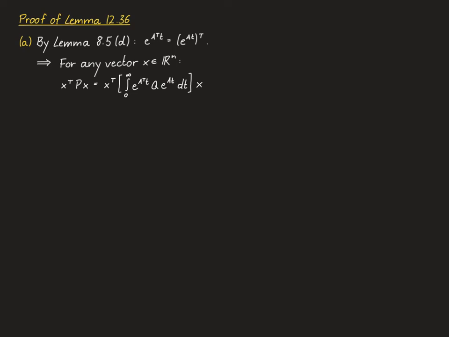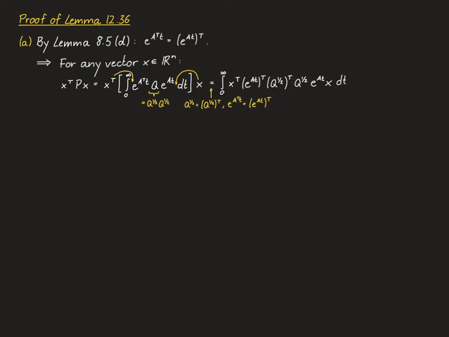Now, for an arbitrary vector x in Rn, x transpose Px can be written as such with the definition of the matrix P. With the definition 10.14 of the square root of a matrix, we can write Q as the square root of Q times the square root of Q. And since x is a time-independent vector, we can pull x transpose into the front of the integral and x into the rear of the integral.